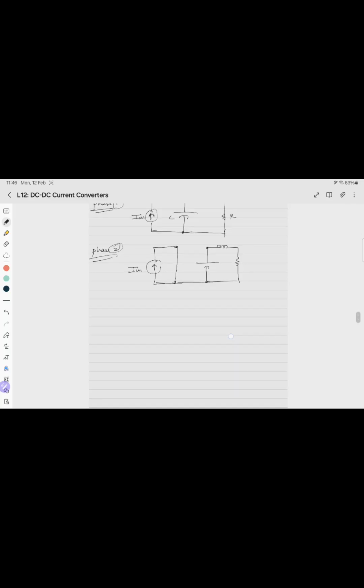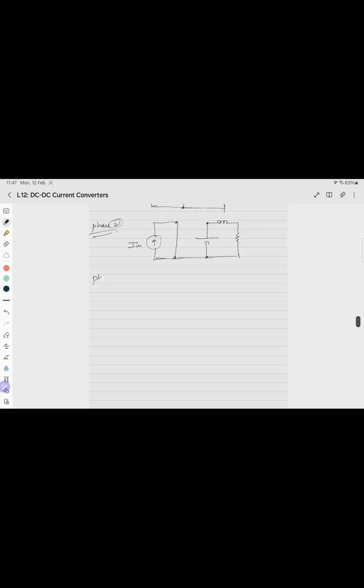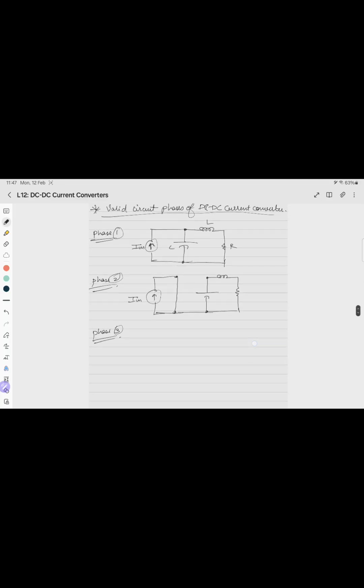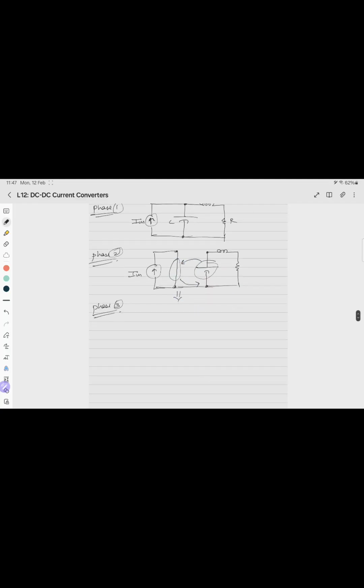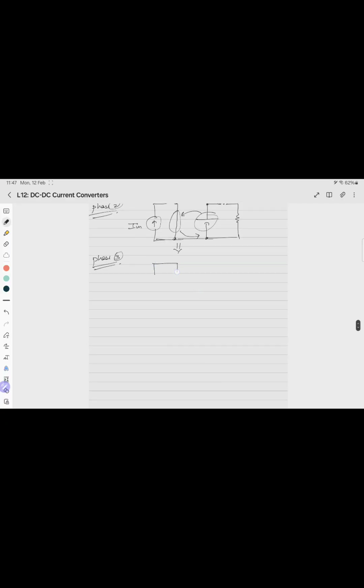So this is the valid phase. If I write phase 3, I'll just interchange the capacitor to this side and this short circuit to this side. So this will give me what?